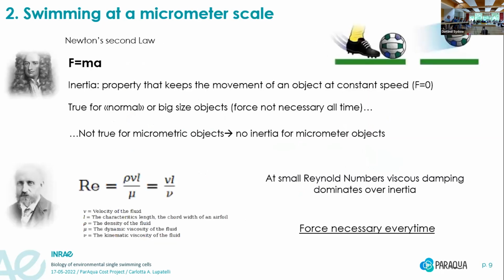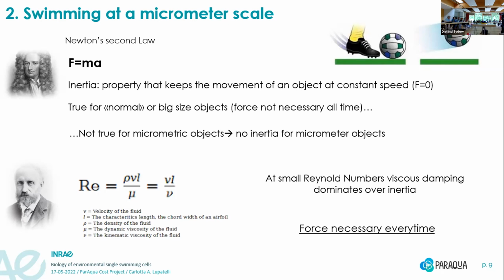So basically, what does it mean to move at a micrometer scale? It means that we have to take into account physical constraints that are normally neglected in our condition, which I will call the normal scale world, or normal size world.